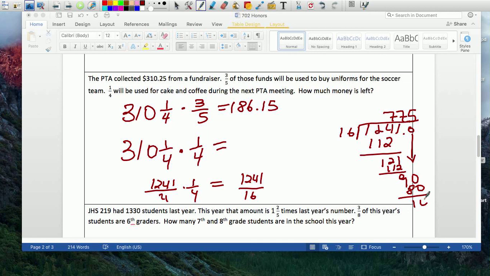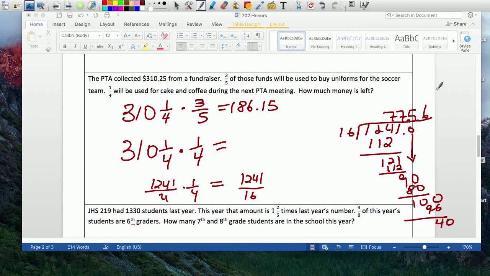I have 100 left. And 16 goes into 100 6 times, which is 96. I have 4 left over, 40 left over. So I'm going to go one more decimal, okay?